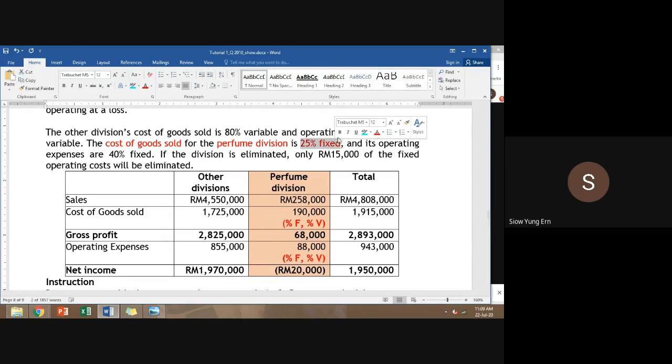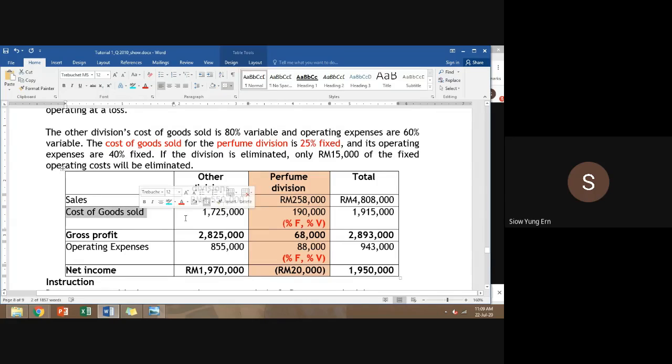Cost of goods sold is 25% fixed, so the remaining will be variable, which is 75%.